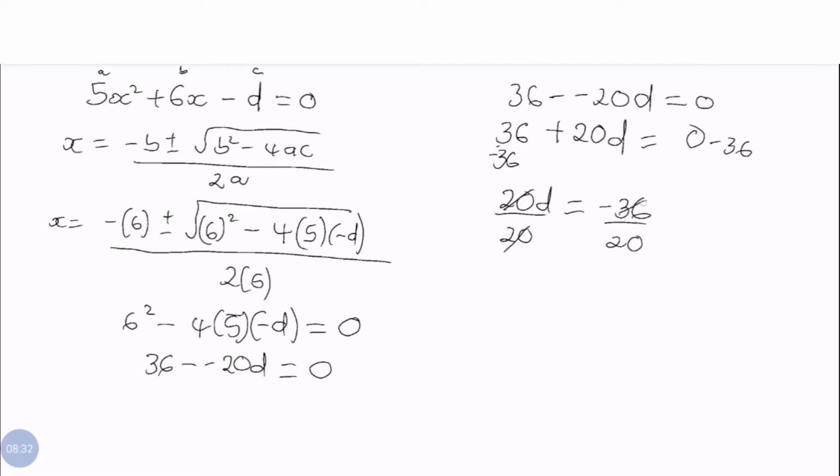Negative 36 divided by 4 is negative 9, and 20 divided by 4 is 5, so our answer is negative 9 over 5. So our d is equal to negative 9 over 5. And now we're done.